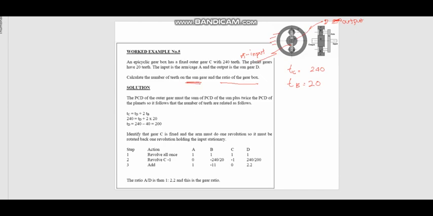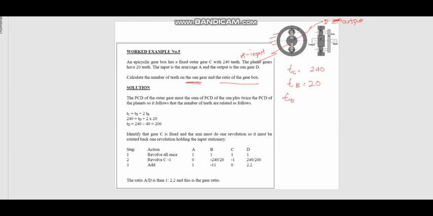We need to calculate the number of teeth on the sun gear because it's not given, and the gear ratio of the gearbox. Let's solve the first one first, with regards to the teeth of the sun gear. So what we want to find is TD.